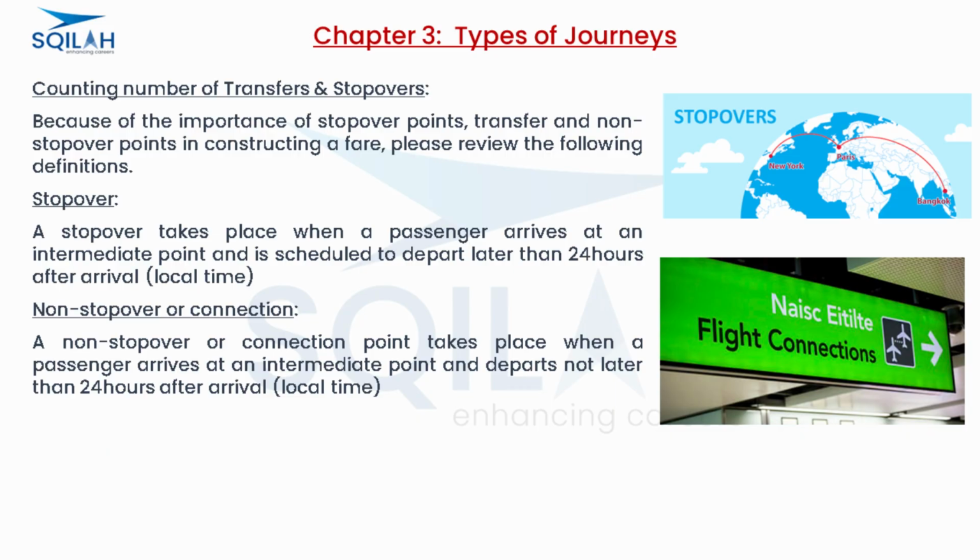Stopover. A stopover takes place when a passenger arrives at an intermediate point and is scheduled to depart later than 24 hours after arrival, local time. Non-stopover or connection. A non-stopover or connection point takes place when a passenger arrives at an intermediate point and departs not later than 24 hours after arrival, local time.